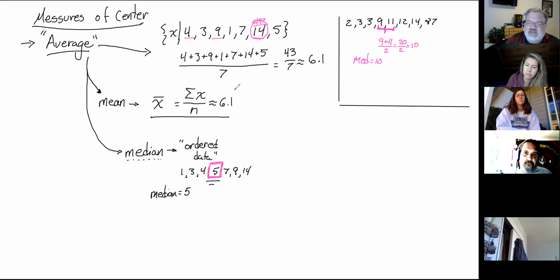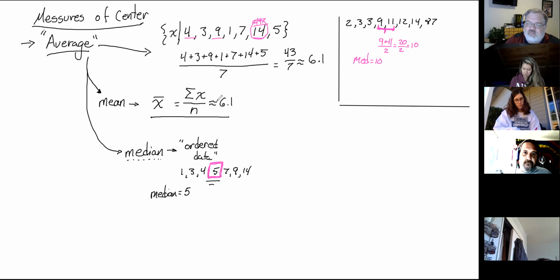That would give us a mean of something in the hundreds. So the mean is very affected by really large values, or correspondingly really small values. If these were all in the hundreds, except for this was still just a 1, that 1 would pull us way far away from those big numbers.